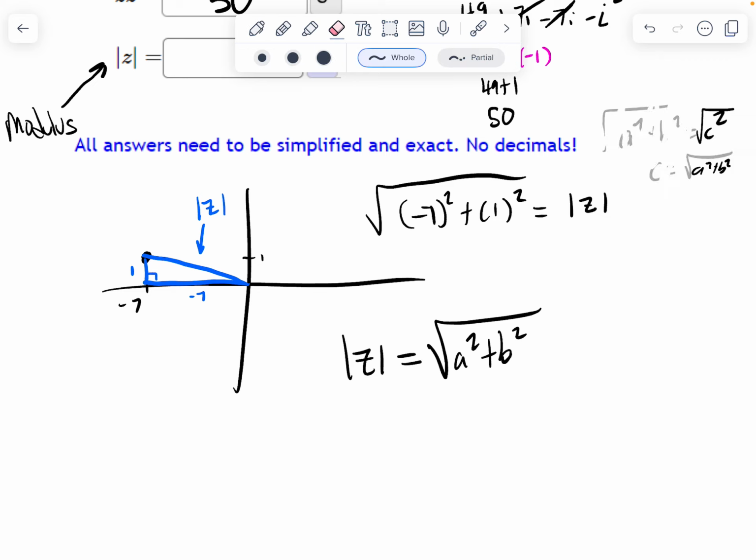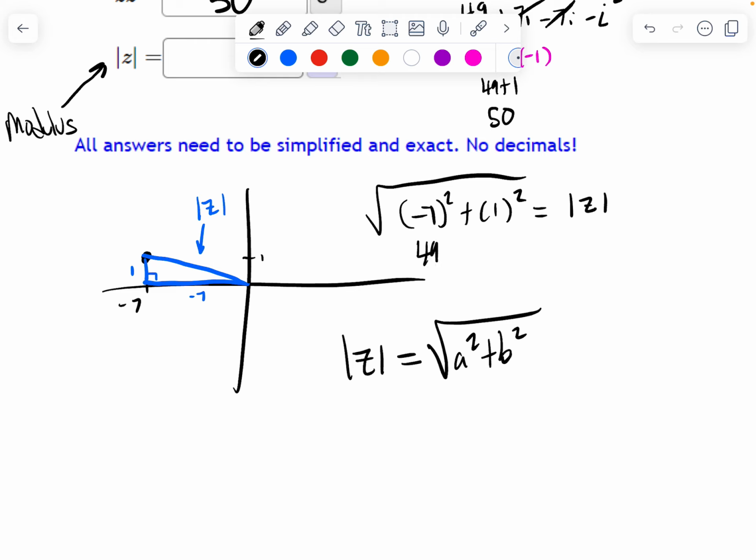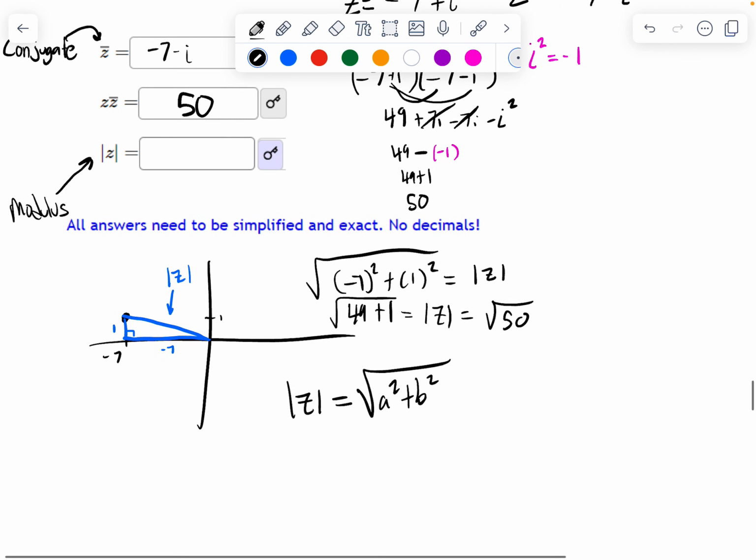And so in this case, all we have is 49 plus 1, square rooted, equals |z|. And square root of 50. Huh, that sounds so familiar. It should be. That's not a coincidence. You'll notice that the conjugate times the regular complex number and the modulus of that complex number will be the same number.